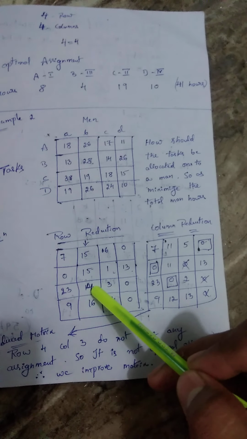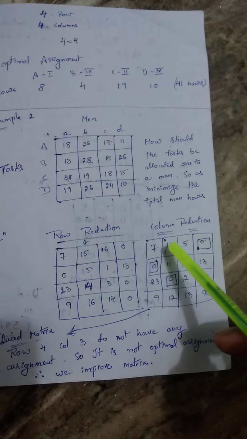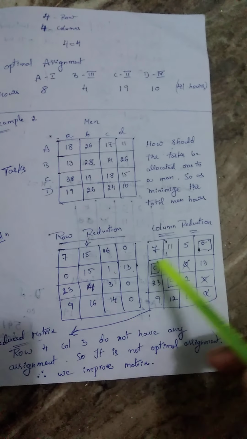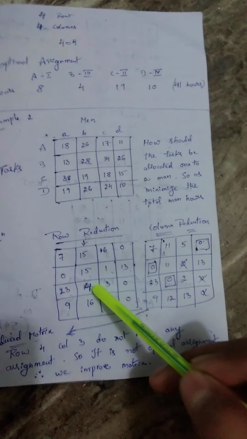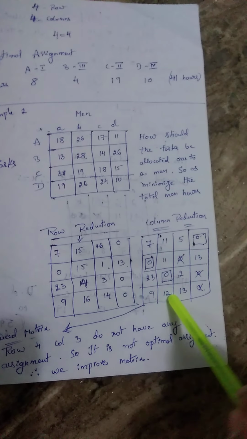Subtracting 4 from each element: 15 minus 4 gives 11, 15 minus 4 gives 11, 4 minus 4 gives 0, and 16 minus 4 gives 12.